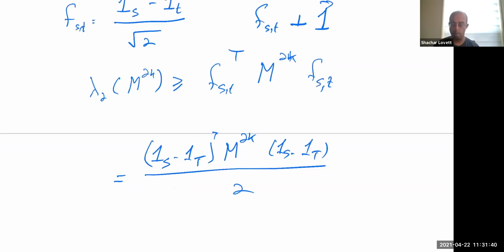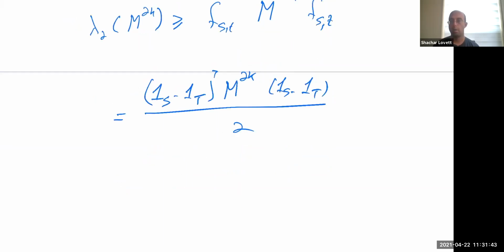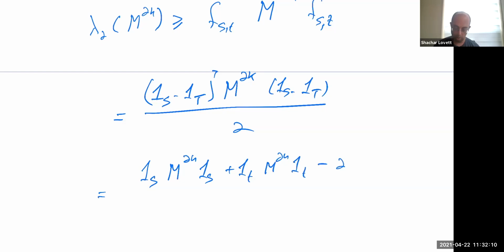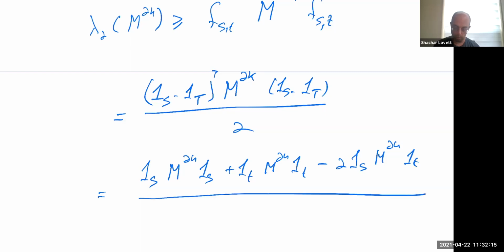And what is this? Remember, what does M to the 2k do? It counts paths. So I'll say it in words. It's going to be 1_s M to the 2k 1_s, plus 1_t M to the 2k 1_t, minus twice 1_s M to the 2k 1_t, divided by 2.